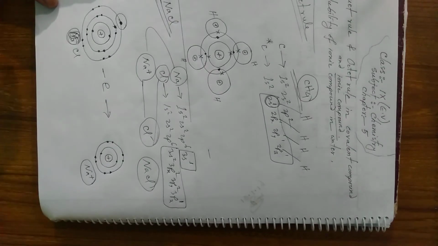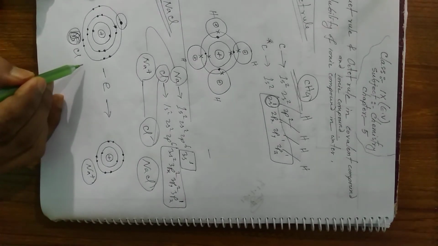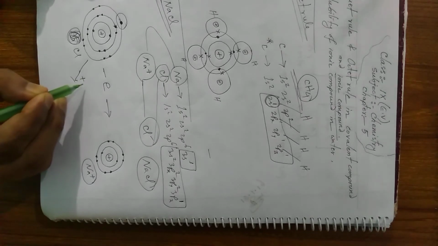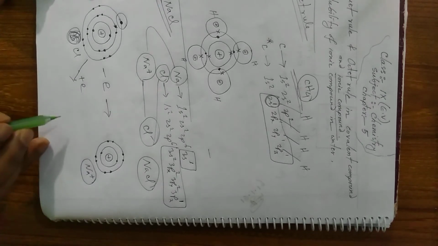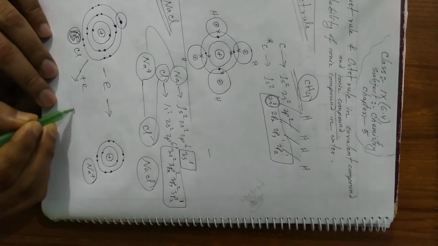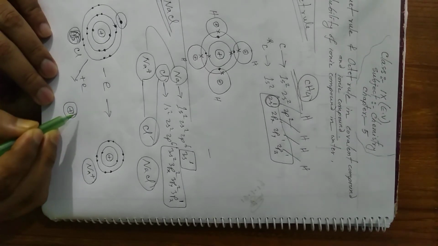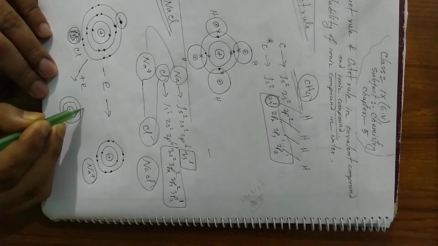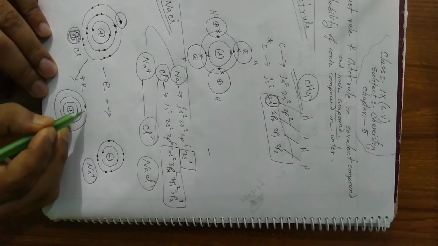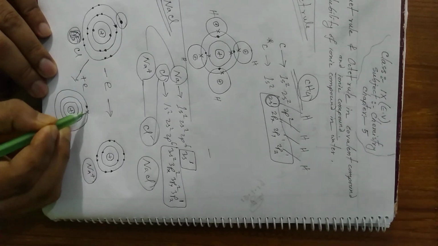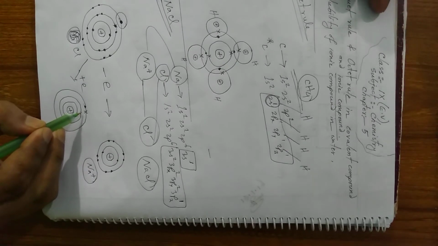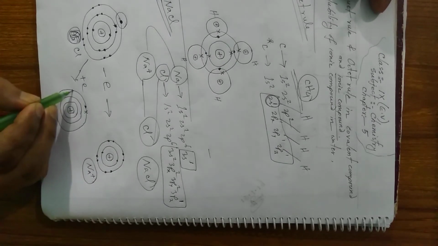When this chlorine receives an electron, the received electron is denoted by this cross symbol.